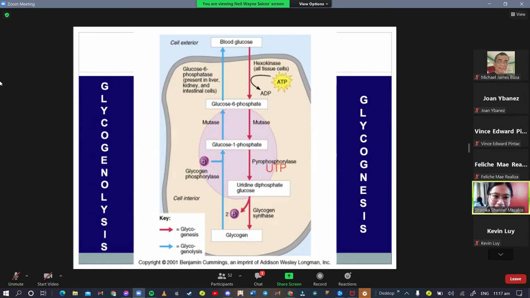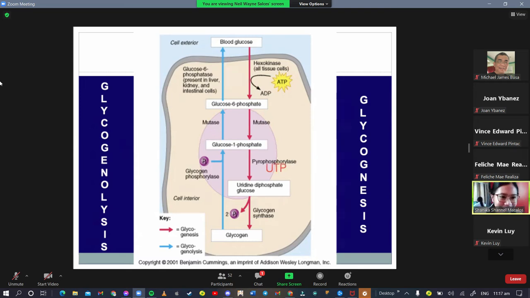So what happens at the pyrophosphorylase? They interact with uridine triphosphate, which has 3 phosphates. Pyrophosphorylase is an enzyme wherein, from the uridine triphosphate, the two phosphates are released, and it gives 1 phosphate to the glucose.